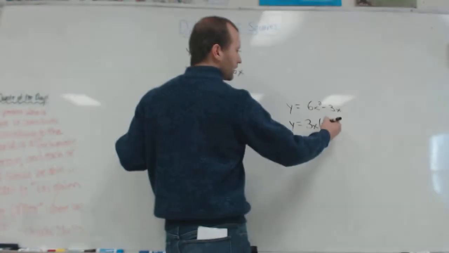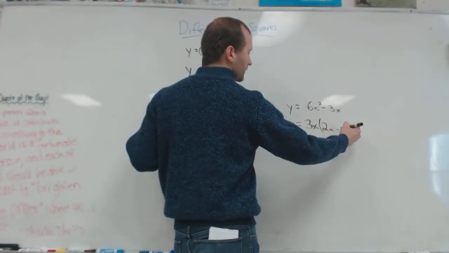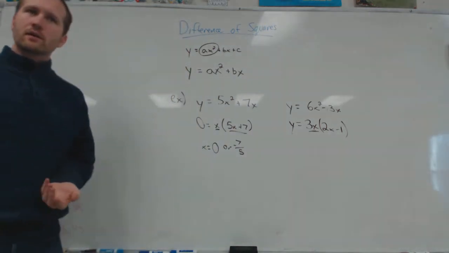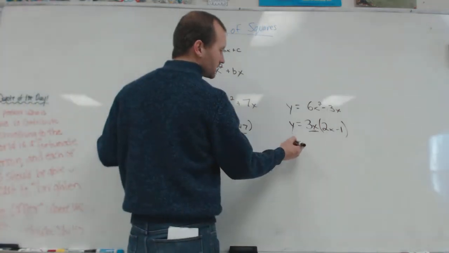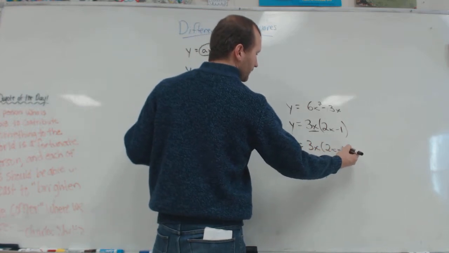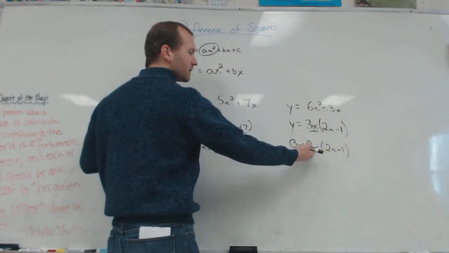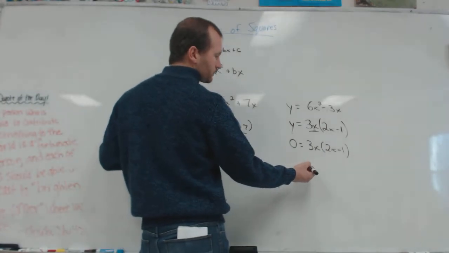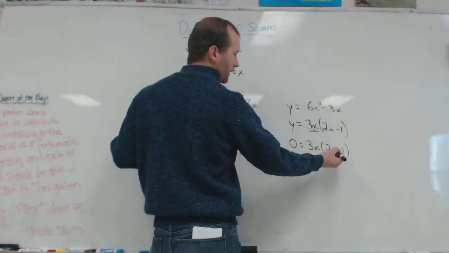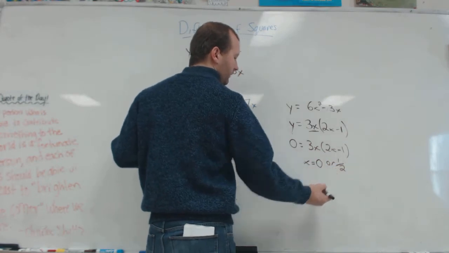And then I have 2x minus 1. This first factor is still going to be 0, right? When does 3x equal 0? If x is 0. So the 3 doesn't really change anything here. X would be 0, or in this case, 1/2.